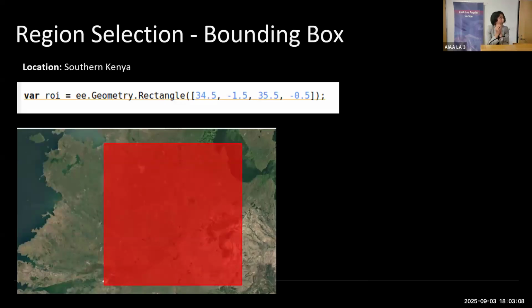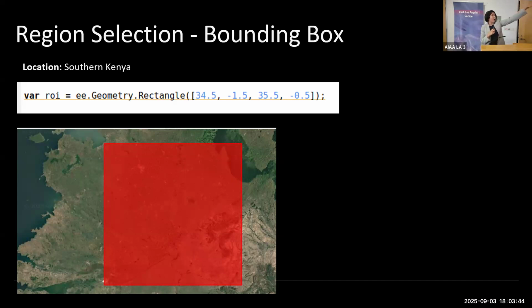So this is an example of how I was able to use Google Earth Engine to conduct research over the surface of Kenya. The location I chose for my research was southern Kenya, and there are different ways you can define a region in Google Earth Engine. One, the most rudimentary way of doing this, is by establishing a bounding box. I don't know if everyone here is familiar with programming, but it's pretty straightforward.